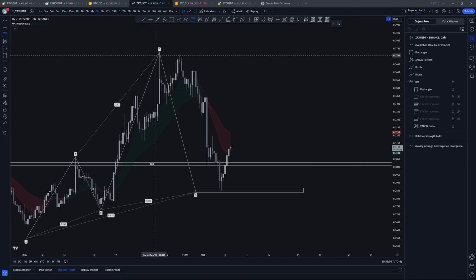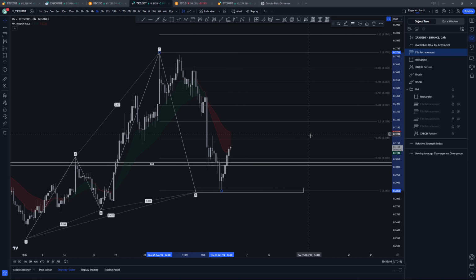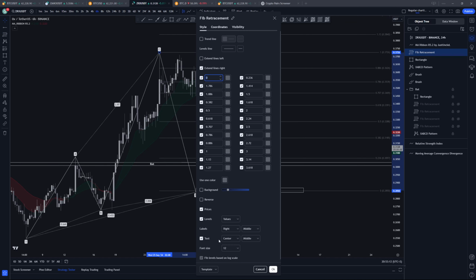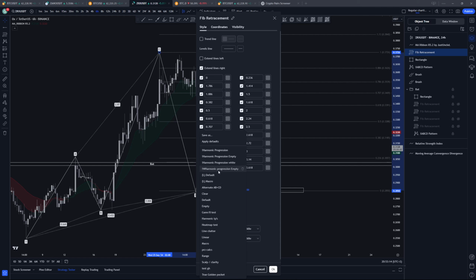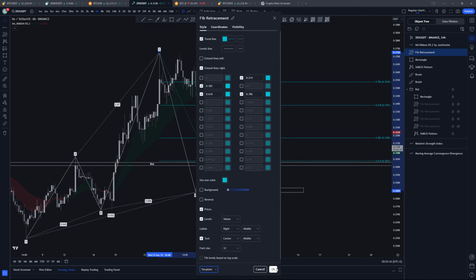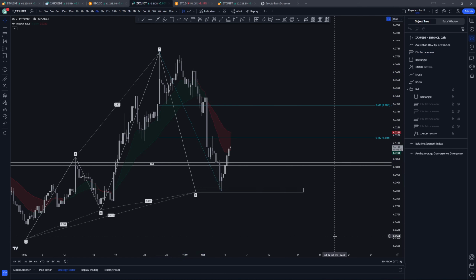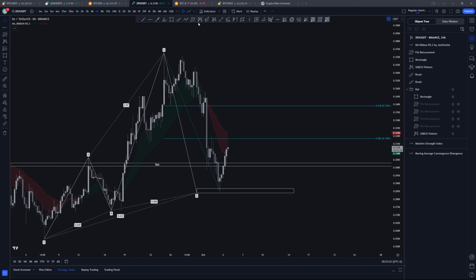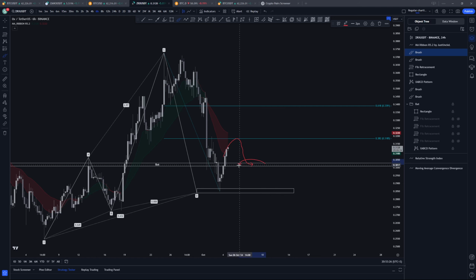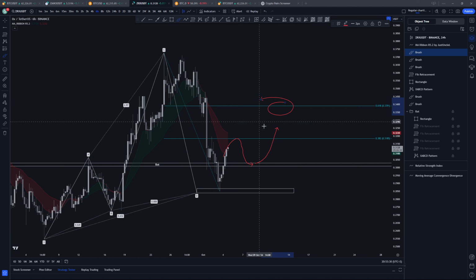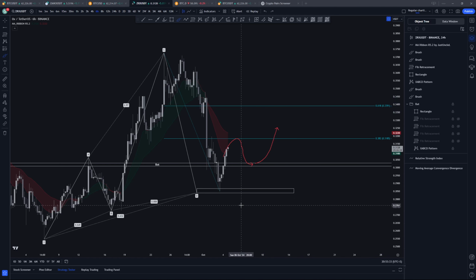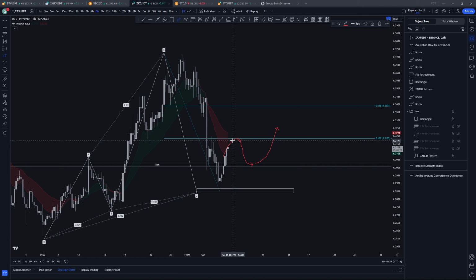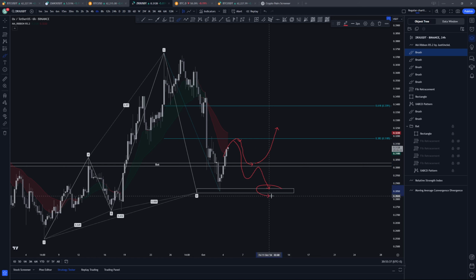What we can look for is, if we get some kind of type 2, I'm gonna draw the TPs again. It's gonna put these TPs on there. So let's say we start hitting this TP. We can either look for a retest of this and try along that, and then we can try and get it to the 618. Or if we fail that and go below, we can look for this area again.